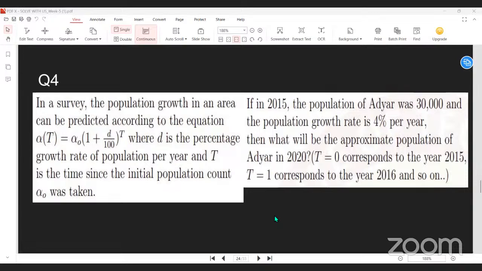Sir, in the last question, for the range of f of x and domain of g of x, you took their intersection, right? For finding the domain of g of f.